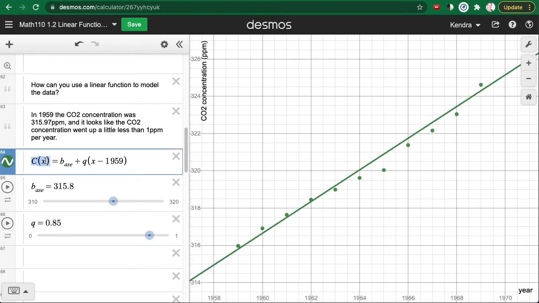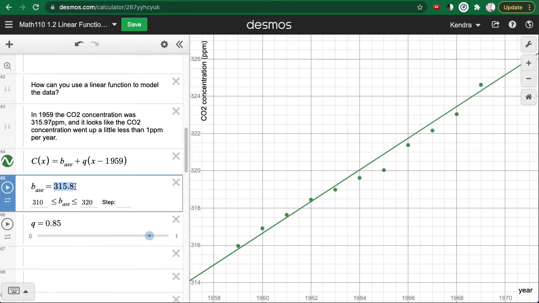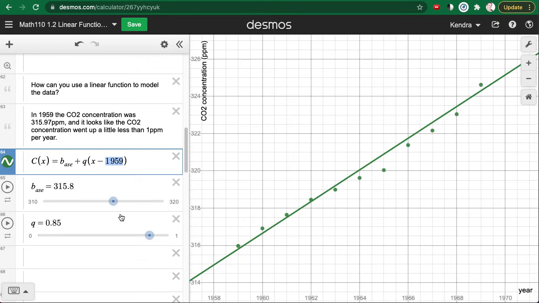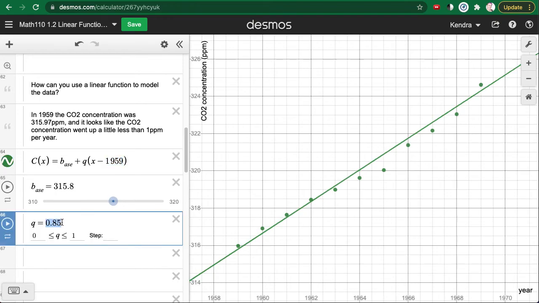If we interpret what this means, it means that with a CO2 concentration level at 315.8 parts per million in the year 1959, it looks like the CO2 concentration is increasing at a rate of about 0.85 parts per million per year.